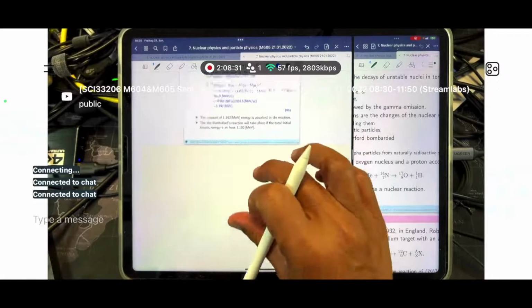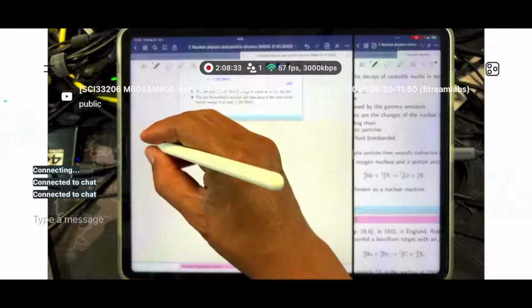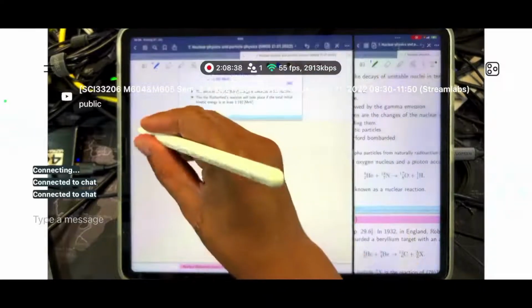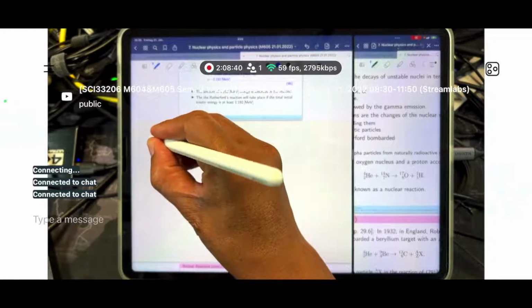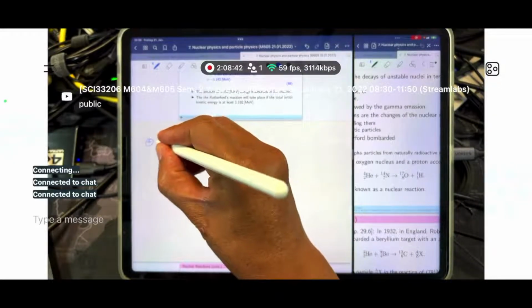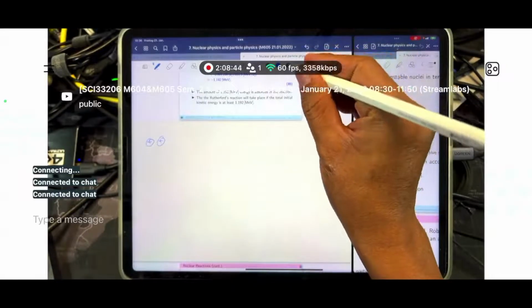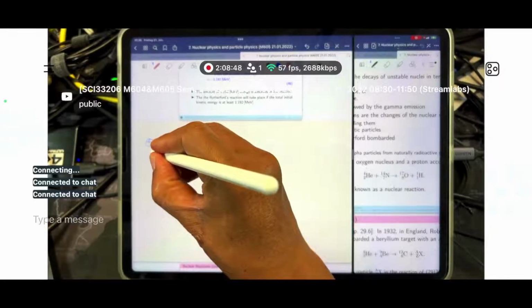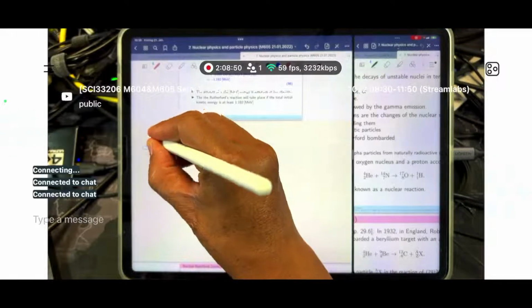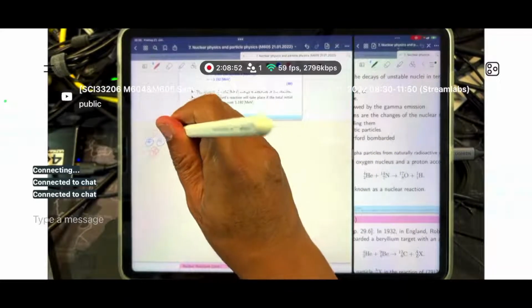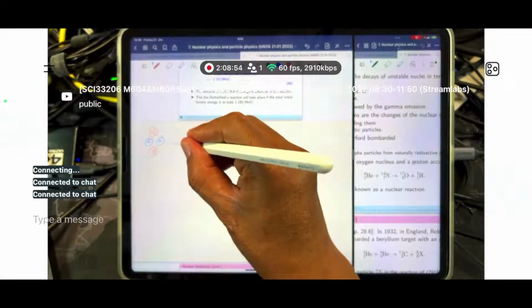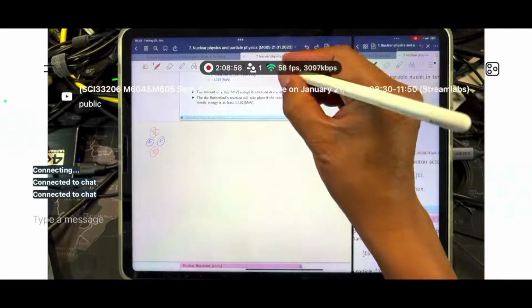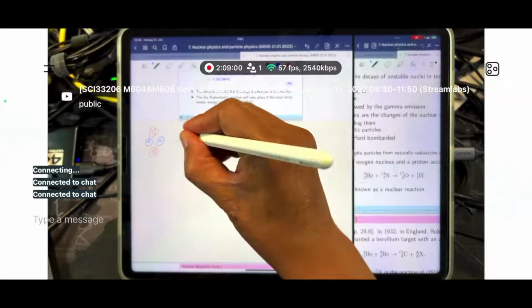He has an alpha particle, which is helium 4,2, with 2 protons and neutrons like this, and this alpha particle is accelerated with speed v.